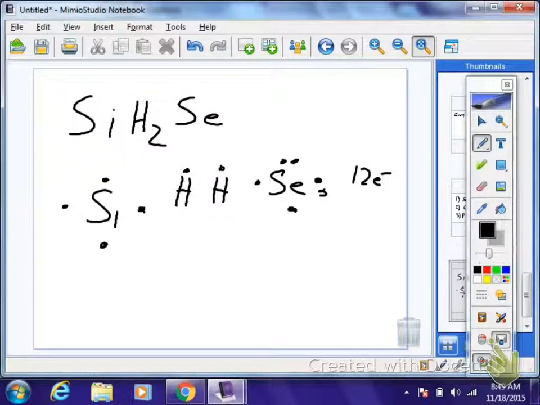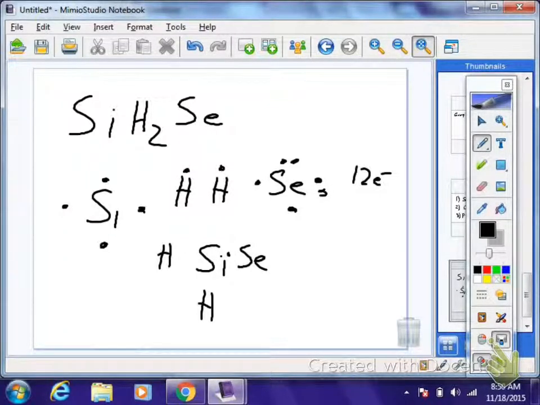Next step, 4, 6. Hydrogen's never in the middle, so the 4 is in the middle, Si. Then order around; it really doesn't matter how you put those in, any sequence. Then that would be step 3.